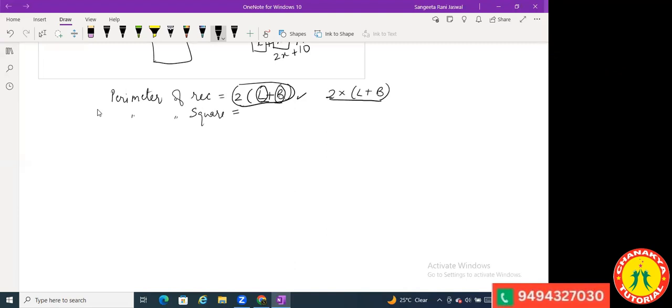Same way for a square, you had 4 into L, where L is the length of one side. Whatever length you put here, be it 1 centimeter, 2 centimeter, 3 centimeter, you were just putting the value in place of L and multiplying with 4. So this was the rule. Rule means a formula.